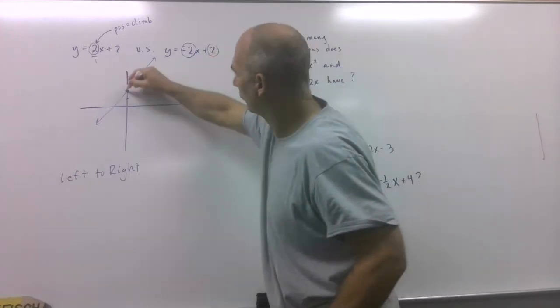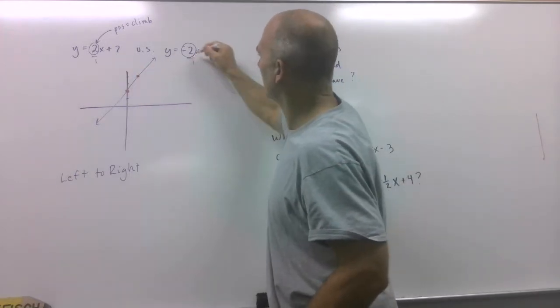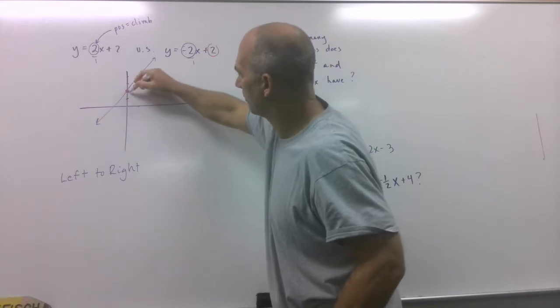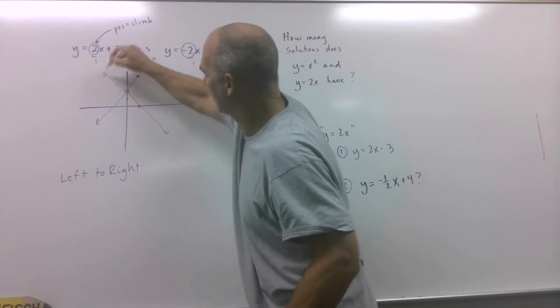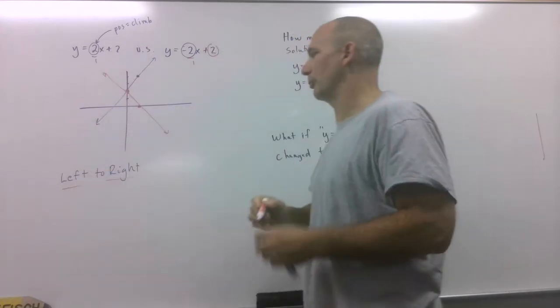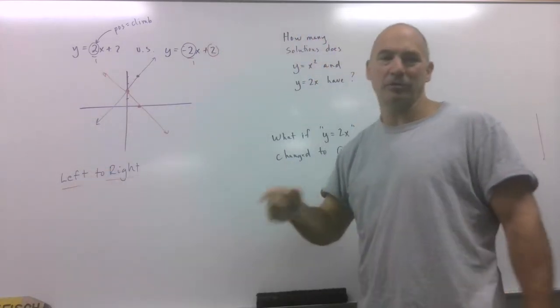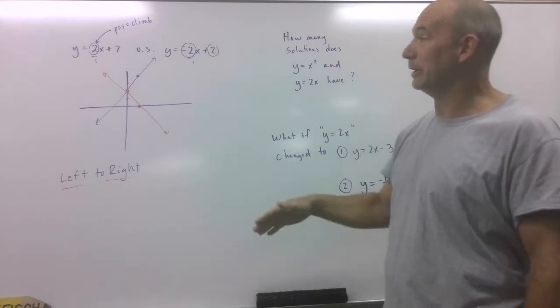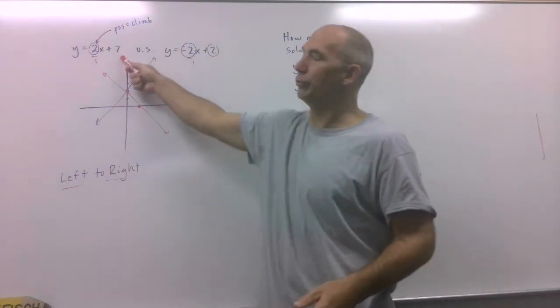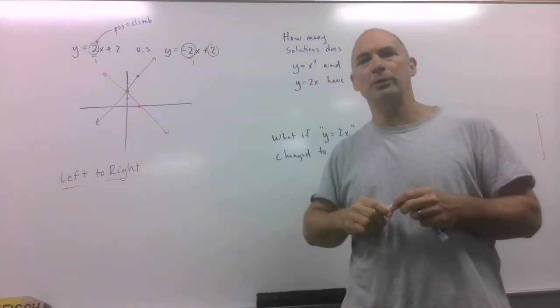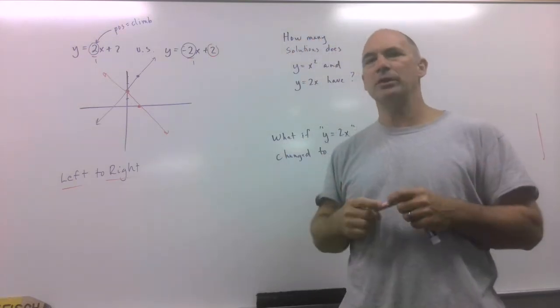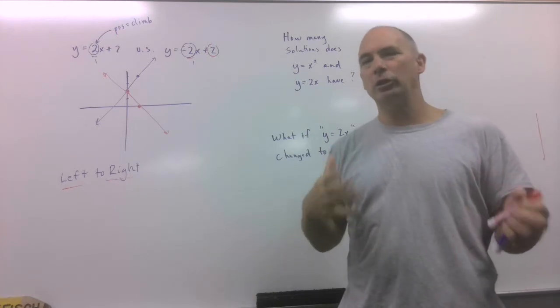Y-intercept is 2, so same y-intercept. But then if I went down 2 and right 1 right here, and I kept the same concept, and I'm walking or traveling along that line left to right, notice I'd be going downhill. That little simple truth is going to be very significant on a couple story problems coming up where you have to get a visual image of what the linear function looks like, okay?